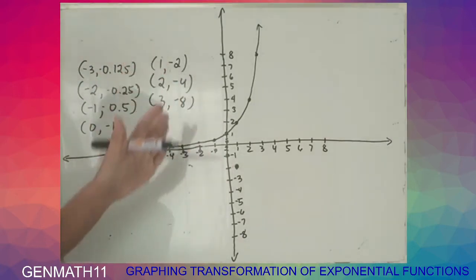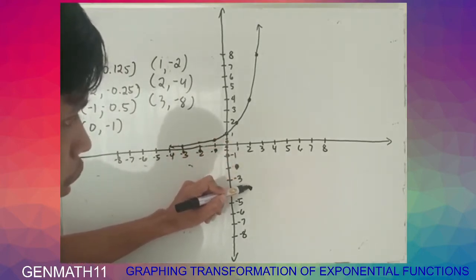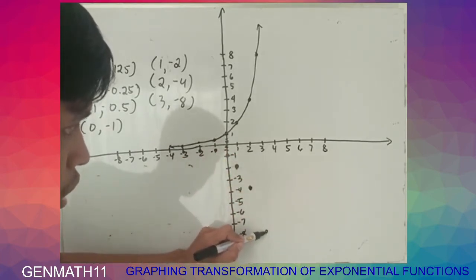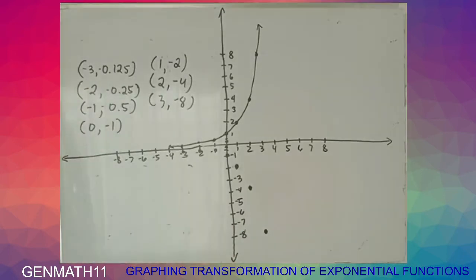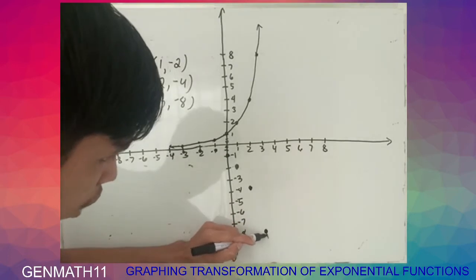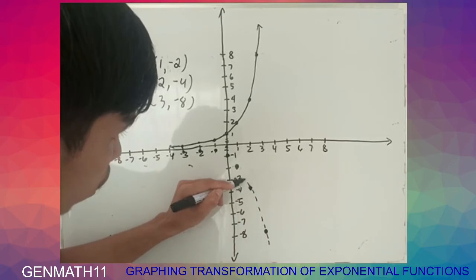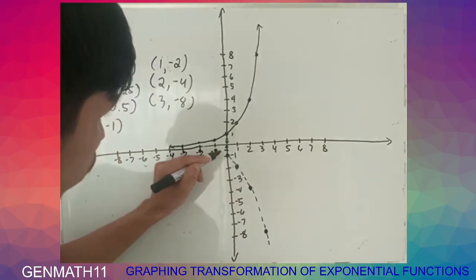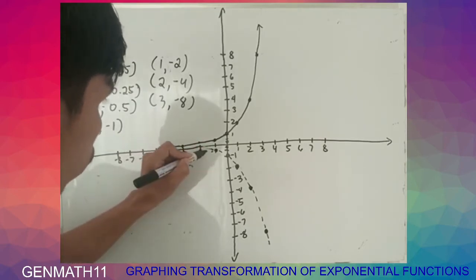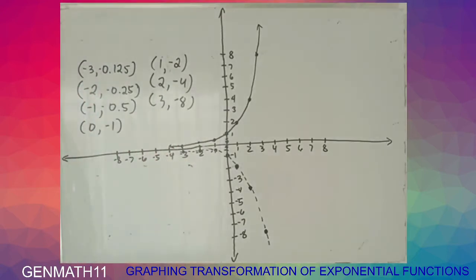Then, 2, negative 4. Then, last is 3, negative 8. Kapag nag-graph tayo ng reflection, sabi ko nga sa inyo, lagyan natin siya ng broken line. Okay. So, yan na yan.